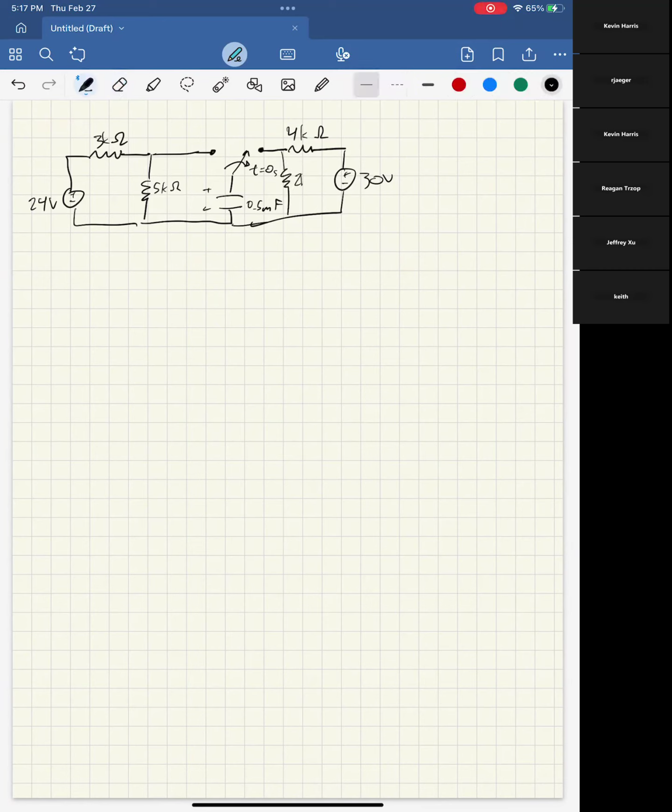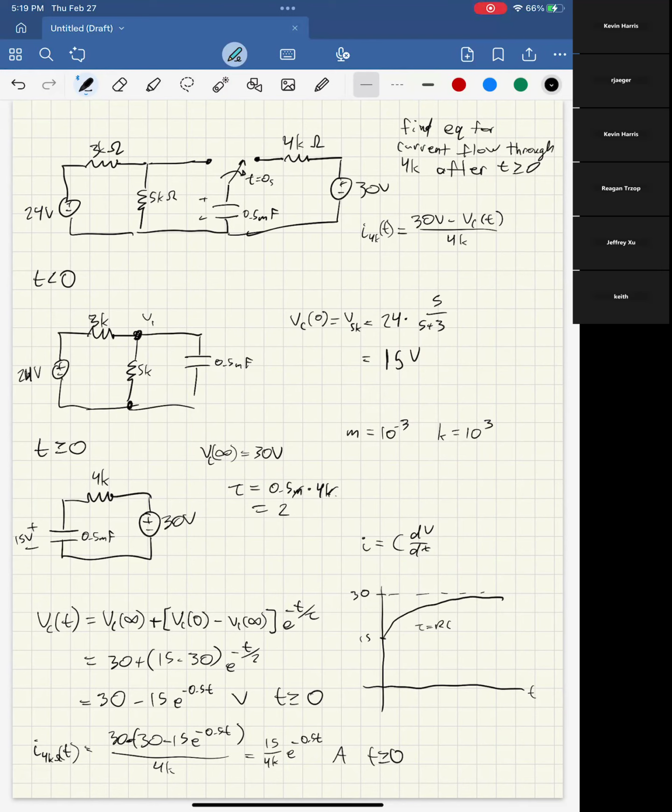So even before you've written the equation, with these numbers you can know what you want your equation to look like. It'll approach 30, and the rate is determined by tau equals RC. Then you can fact check: is that what my equation looks like? And if you look here, it is.